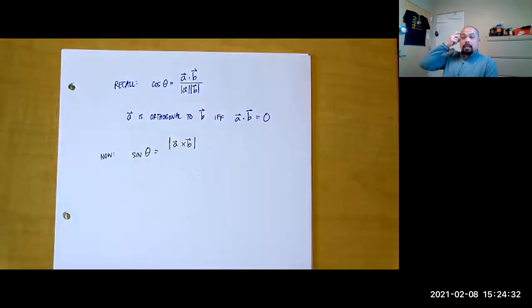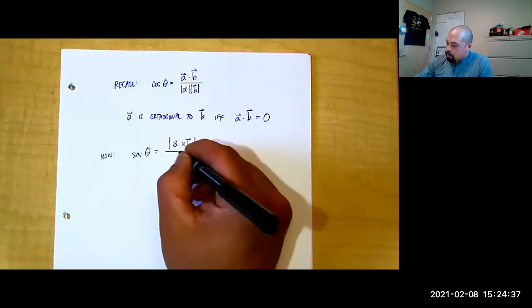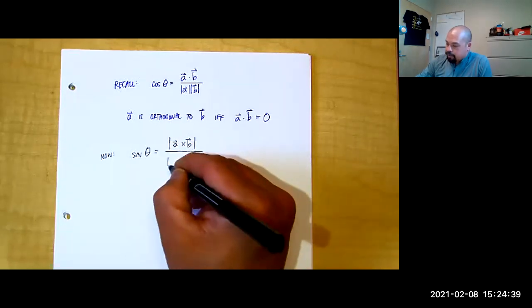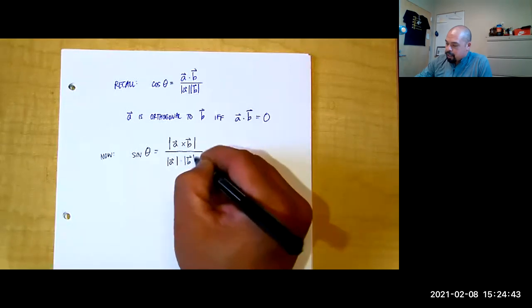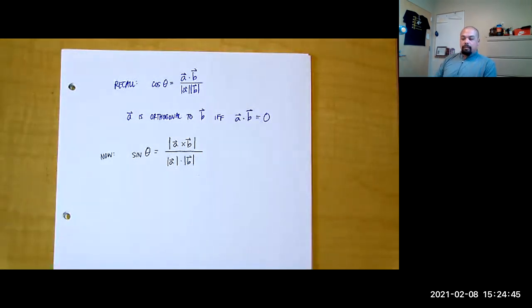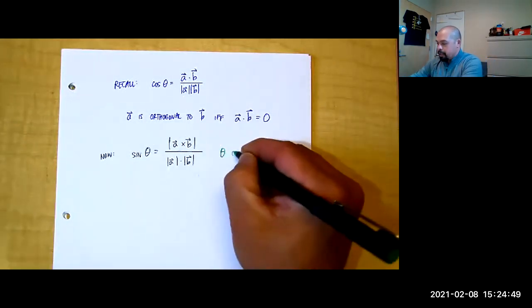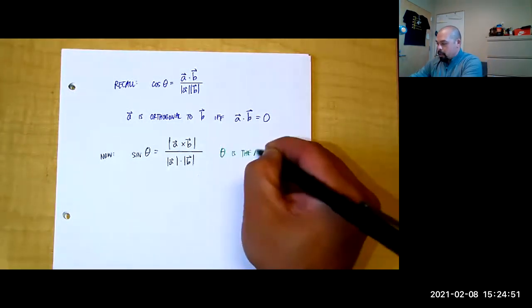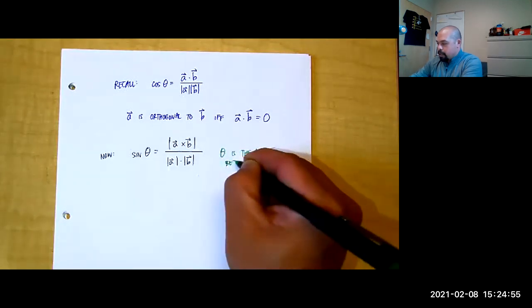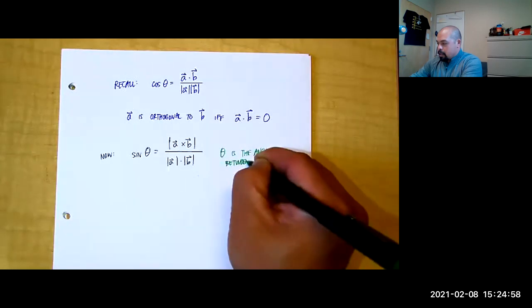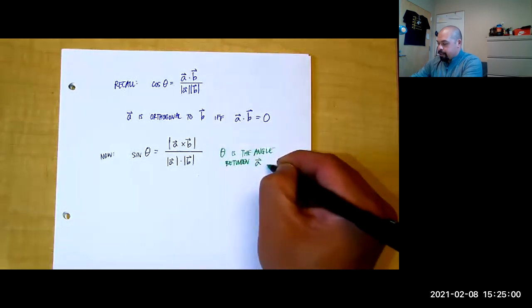We need a constant, a scalar, so we need to take its magnitude. The magnitude of the cross product divided by the product of the magnitudes of each individual vector, right? Or again, theta in both of these is the angle between those two vectors.